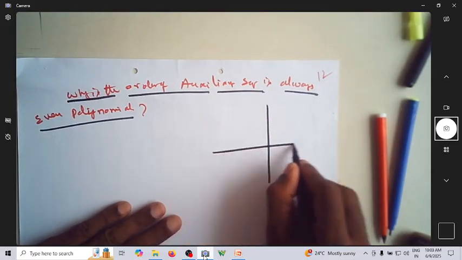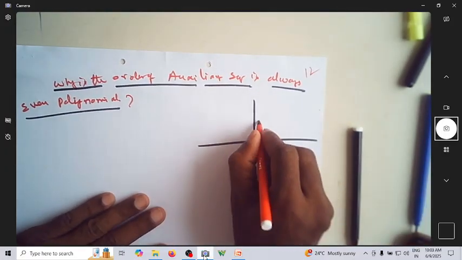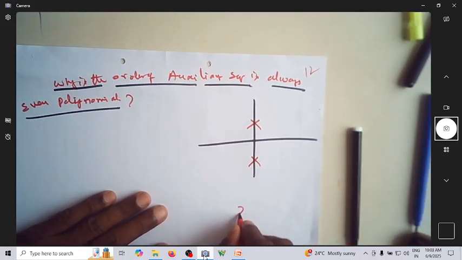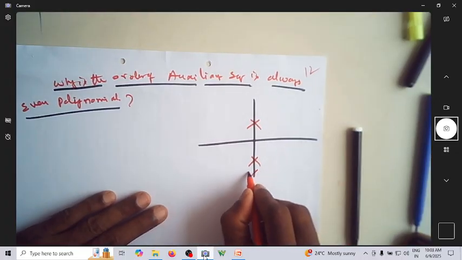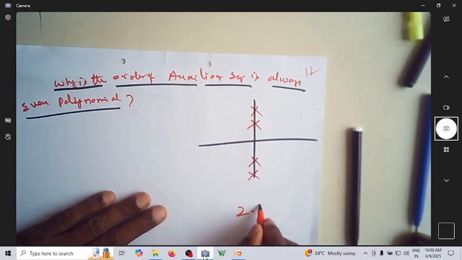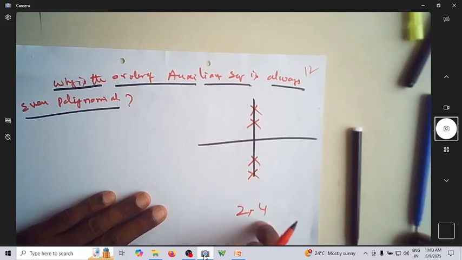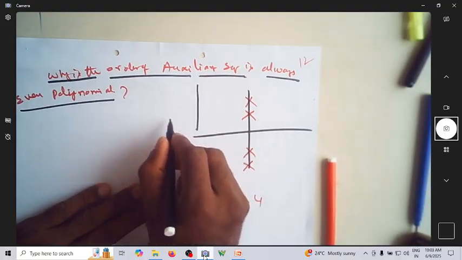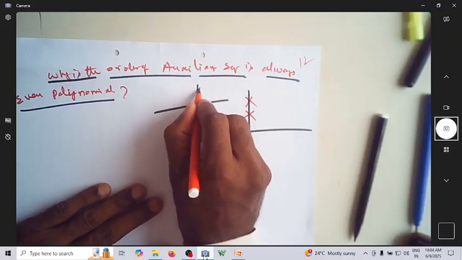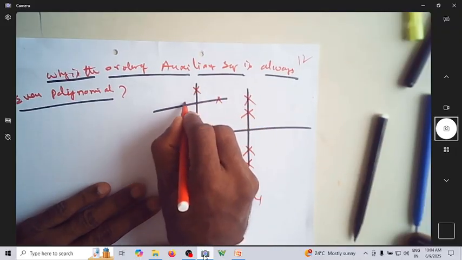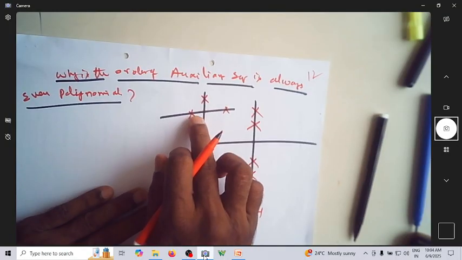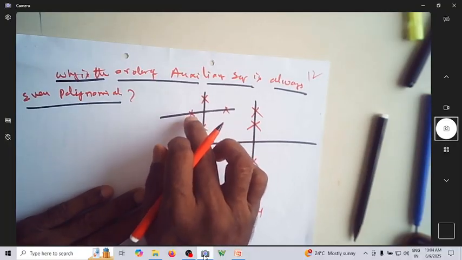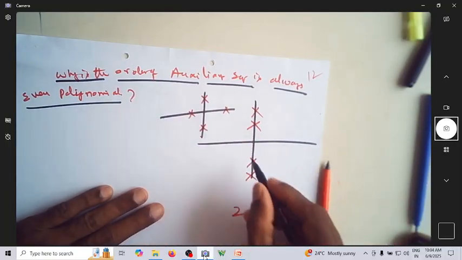Usually we know that if a system is oscillatory, we'll end up with the auxiliary equation. It is one of the possibilities. So how many poles are there? 2 is an even number. Suppose that you have 4 poles over here. So then it is 4, which is also an even number. Assume that the auxiliary equation may also result in poles like this. Now we have a fourth order auxiliary equation: 2 on the imaginary axis, 2 on the real axis. Here also this is 4.